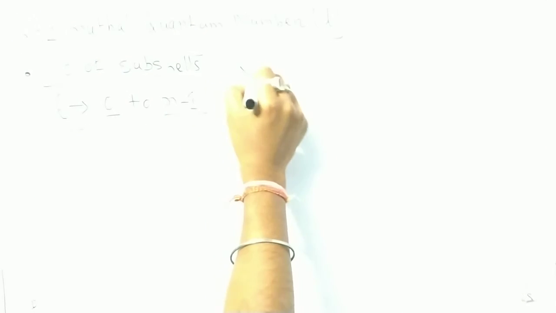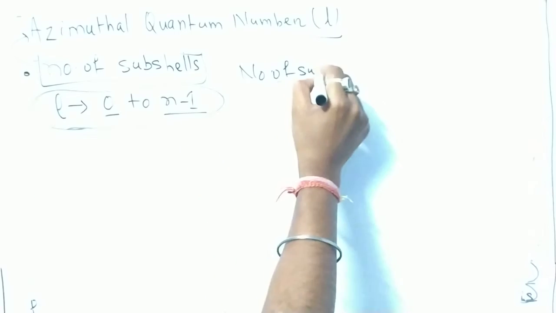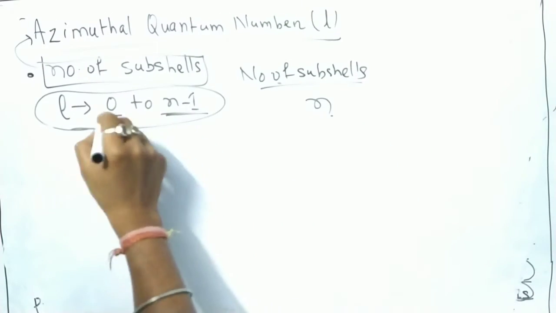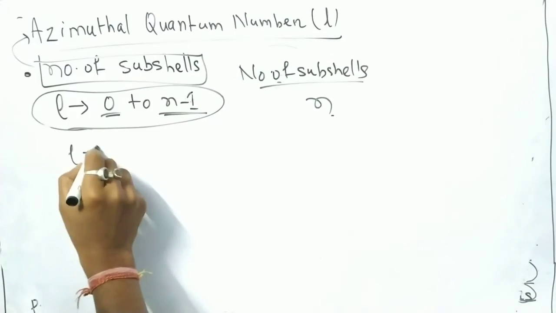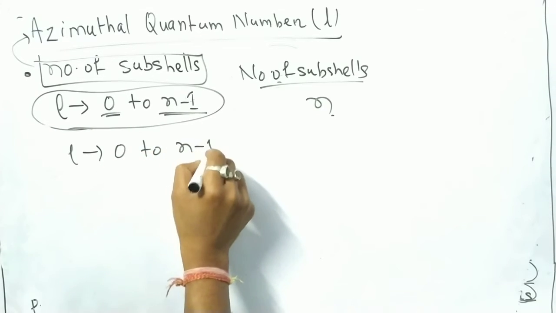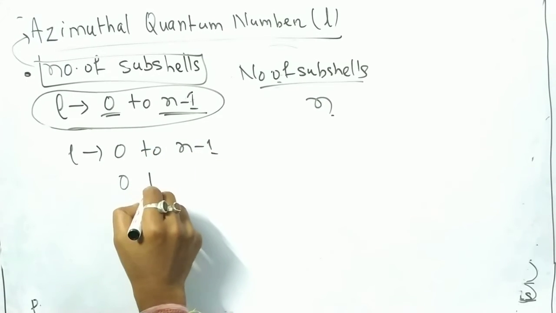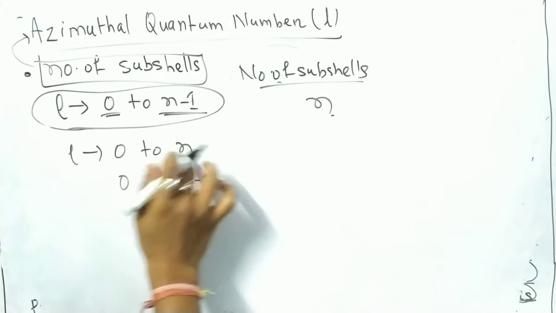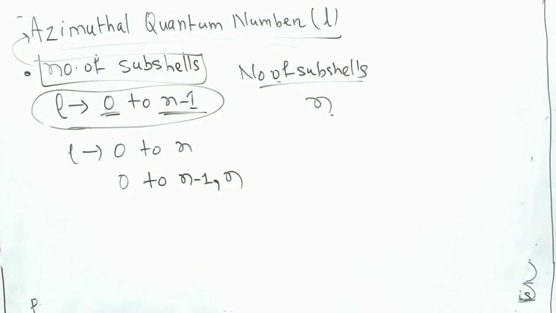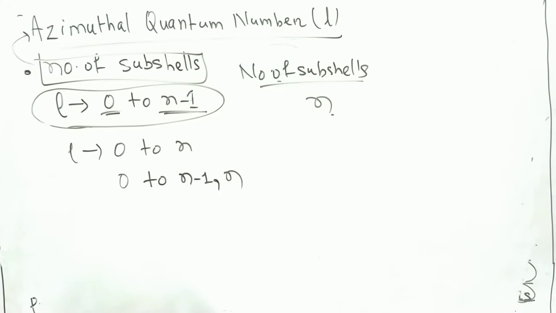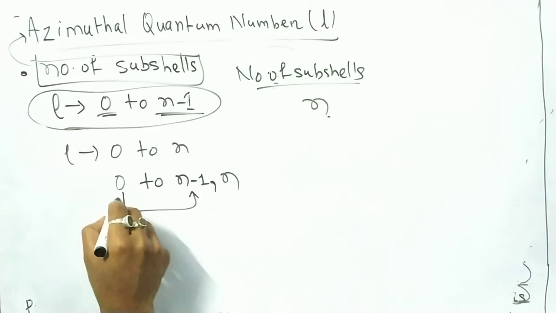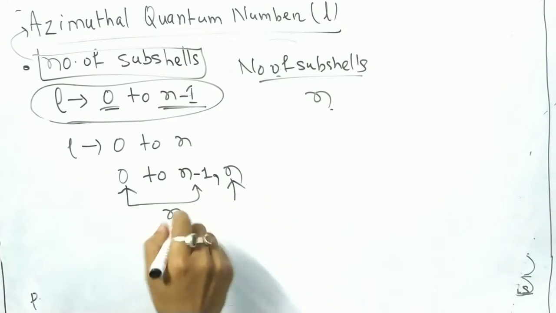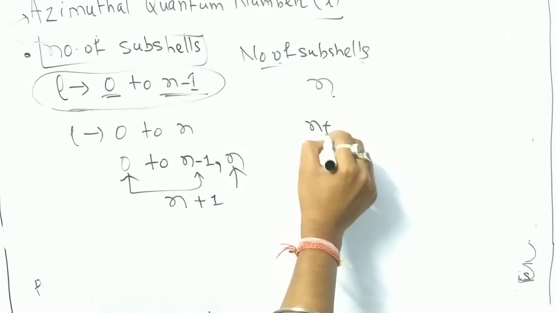Now the question arises, if the value increases like this, here the number of subshells is n for l value 0 to n minus 1. Suppose it is 0 to n, that means one extra value. You know that for 0 to n minus 1, the number of subshells is n. Now you have an extra subshell here, so the number is n plus 1.